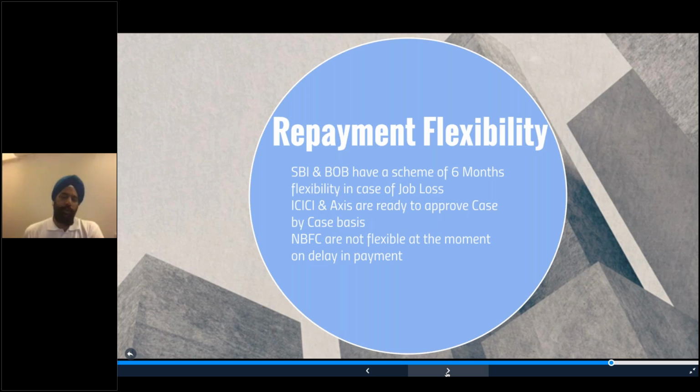When you go to the Prodigy website, they ask: are you looking at a new loan, or are you looking at moratorium, or are you looking at repayment? If you click on the tabs, it immediately goes to credit on a case-to-case basis. Both of them are ready to be flexible. So it's not the end of the world in case some EMIs are missed. Things are flexible, but it is important for you to reach out. That's the most important thing in case of repayment.